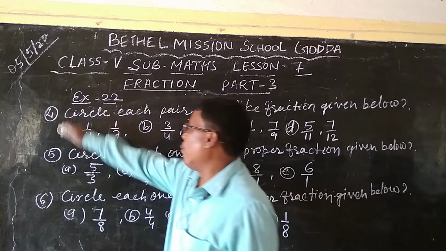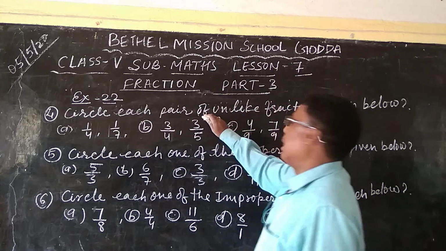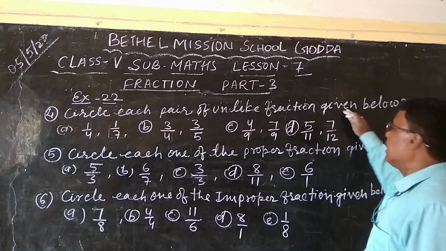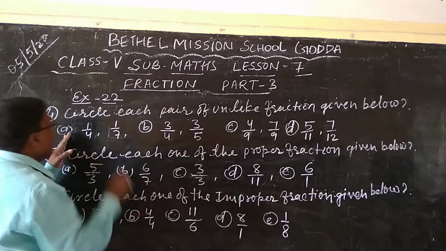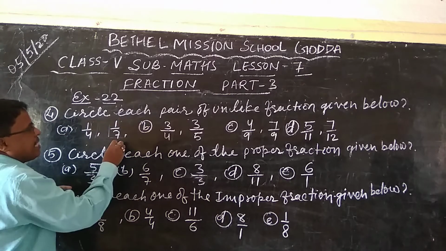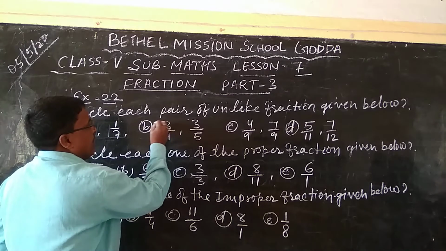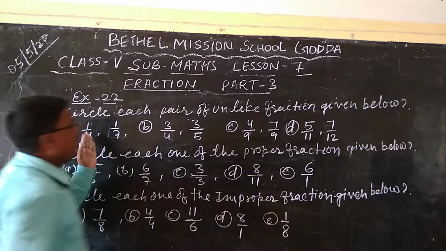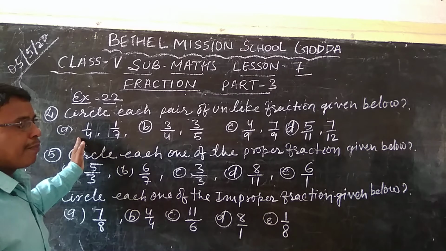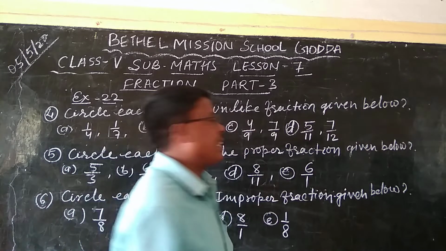Next, question number 4. Circle each pair of unlike fractions given below. In the example, the given fractions are 1 by 4 and 1 by 7. Next question, 3 by 4 and 3 by 5. Unlike fractions means the denominator is not the same.